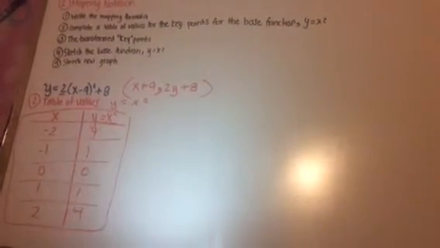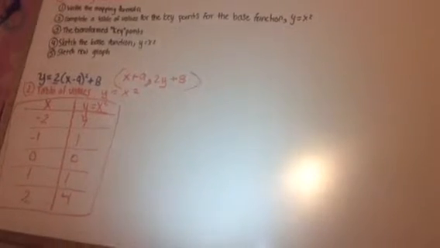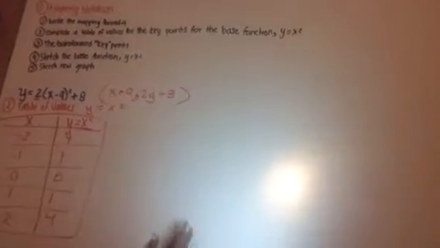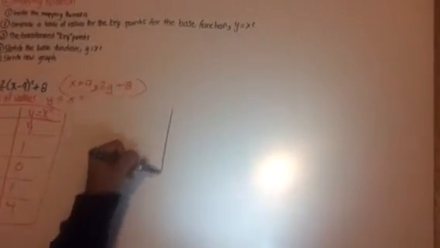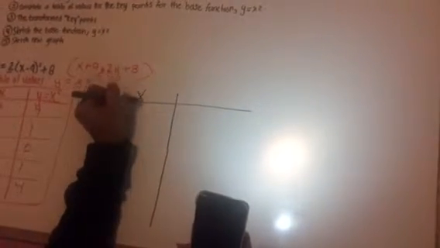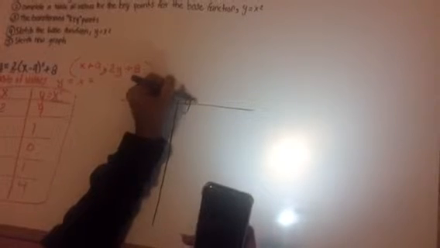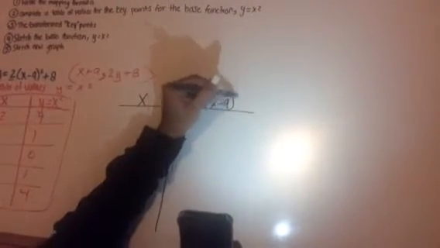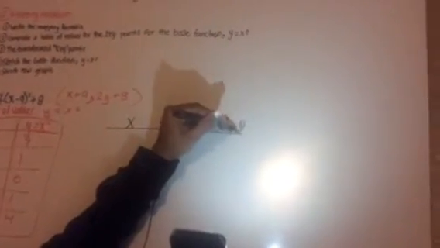Now we're going to do the table of values of the new transformed key points. The table of values of y equals x squared is a big part of completing the table of values of the new key points. So it's going to be x here, and here we're going to write our formula, y equals 2(x minus 9) squared plus 5.